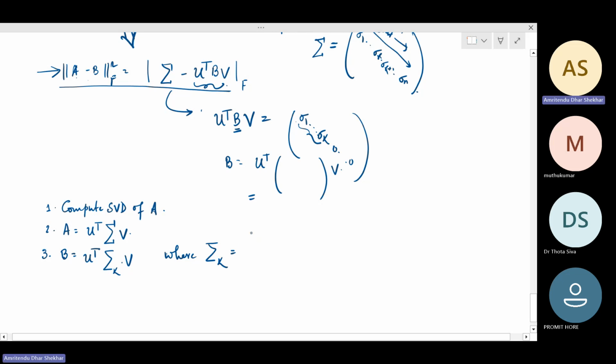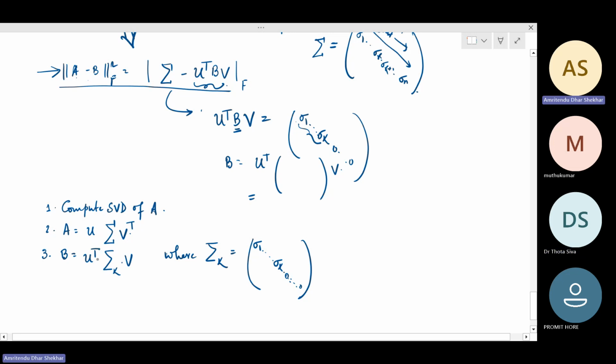It is sigma 1 up to sigma K, and the rest of the entries are set to 0. Sorry, I wrote it wrongly.